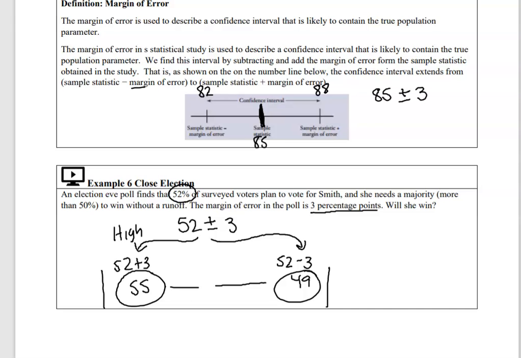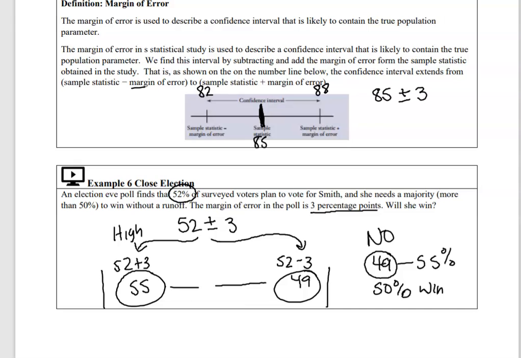So let's go back and look at the question. An election eve poll finds that 52% of the surveyed voters plan to vote for Smith. She needs a majority, more than 50% to win without a runoff. Is this enough information to tell me if she's going to win? No, because this is saying that she's going to get between 49 and 55% of the vote, and she has to have more than 50% to win. So if she's at 49, she doesn't win, so the answer is no. It's not enough information.